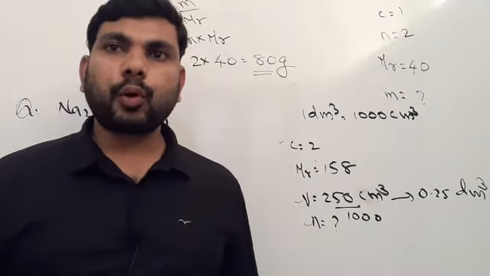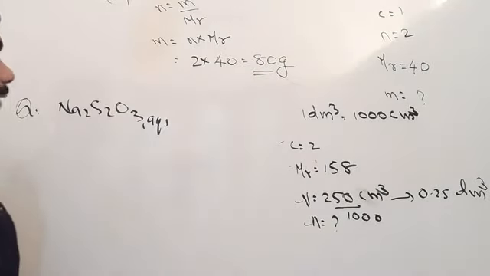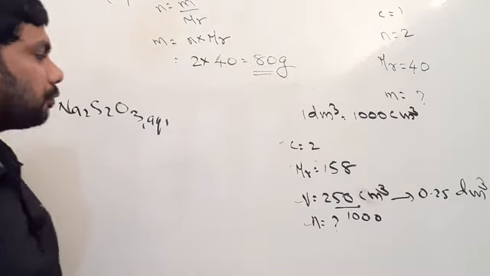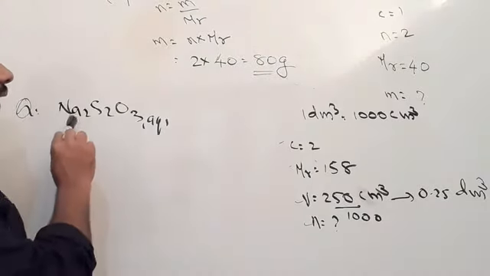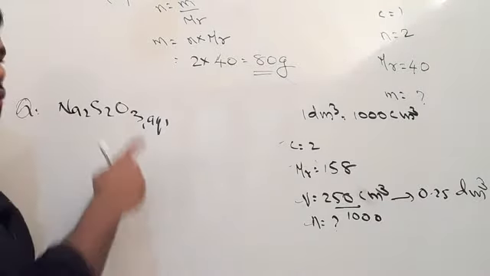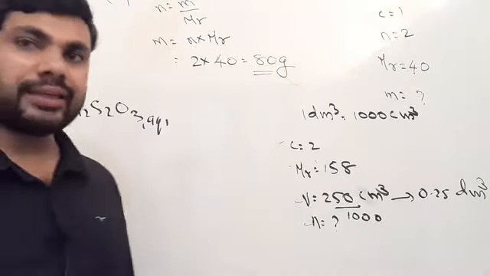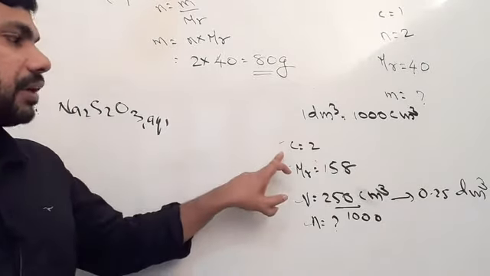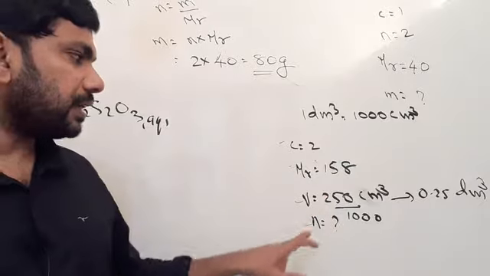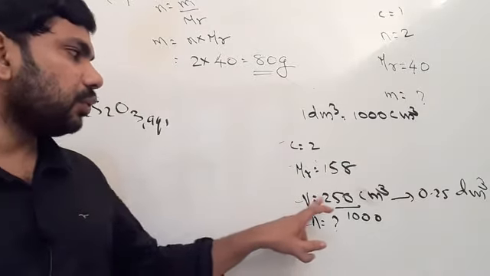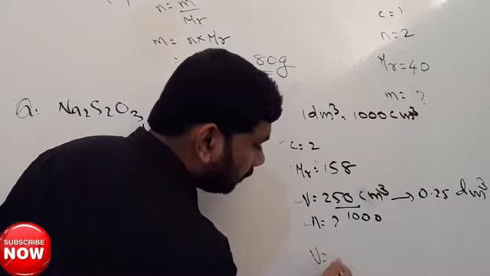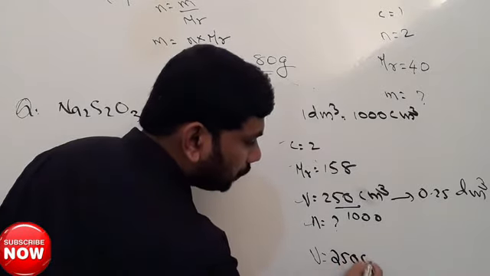Okay, next problem. Here we have to calculate the number of moles of Na2S2O3. We have an aqueous solution of Na2S2O3 and we have to find its number of moles. Here it is given concentration 2 mole per decimeter cube, molecular mass 158 and volume is 250 centimeter cube.